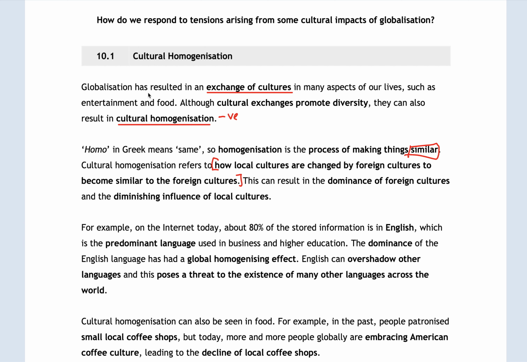So we are also talking about the idea of dominance versus diminishing influences. Usually the foreign culture is the dominant one, and the local culture is the diminishing one. A lot of times it's foreign cultures diminishing local cultures because foreign cultures are more widely practiced as a result of globalization.